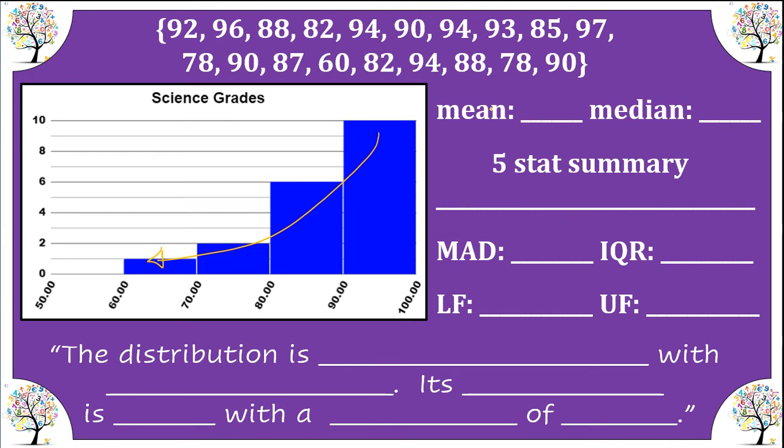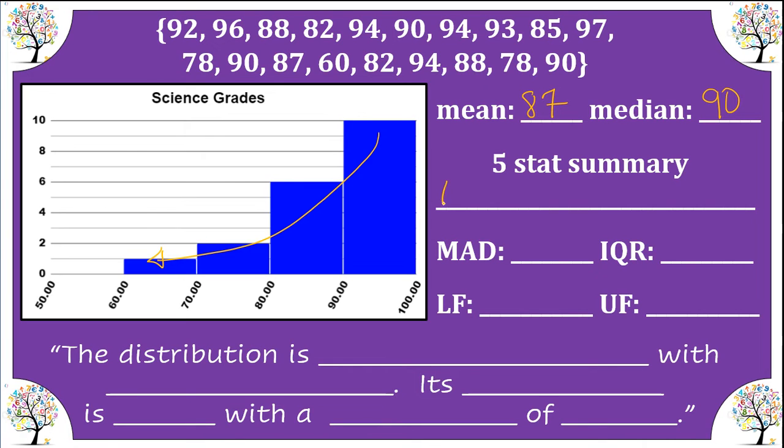So our mean was 87.26. We will round that to 87. Our median was 90. And we could expect that the mean was lower than the median because this low grade here pulled the average down below the median.